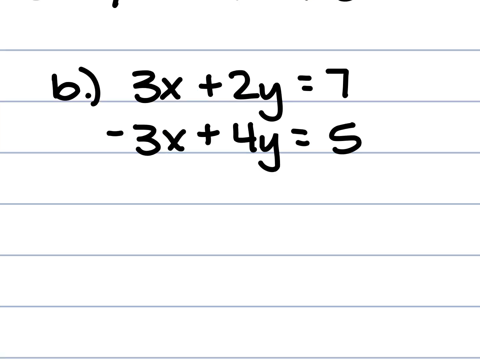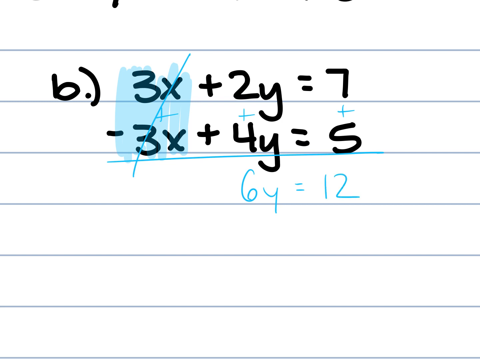For B, do we have the same number but opposites? With which variable? The x's. So we're going to eliminate the x's. So we're going to combine all of our like terms. 3x minus 3x, we said they cancel. 2y plus 4y, 6y, and 7 plus 5, 12.